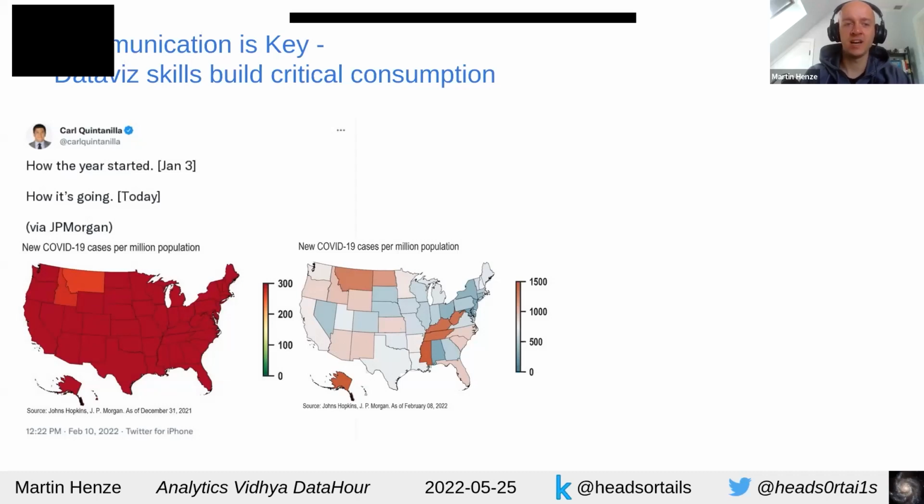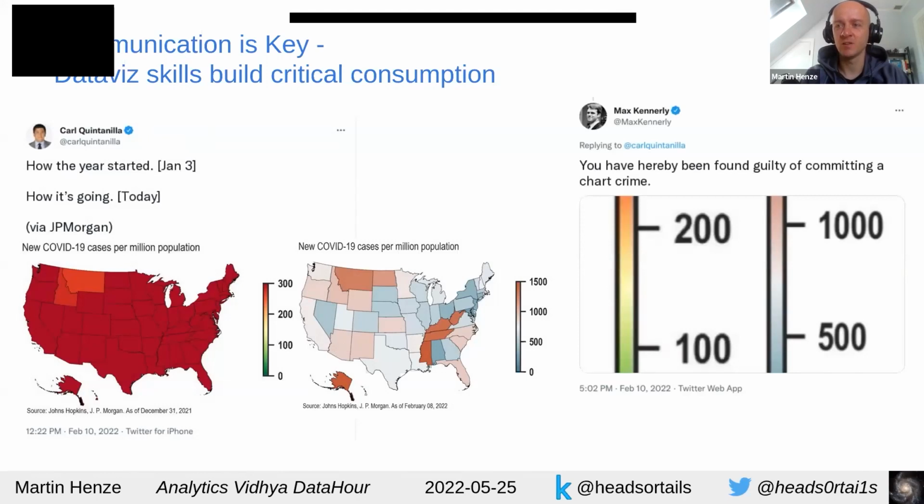But you can always rely on the data people on Twitter to speak up, and somebody very quickly commented, you have hereby been found guilty of committing a chart crime, right? Because obviously this is worse. But since the scale goes from 0 to 1,500 in one map and just from 0 to 300 in the other, it's very easy to think that this is worse than this, right?